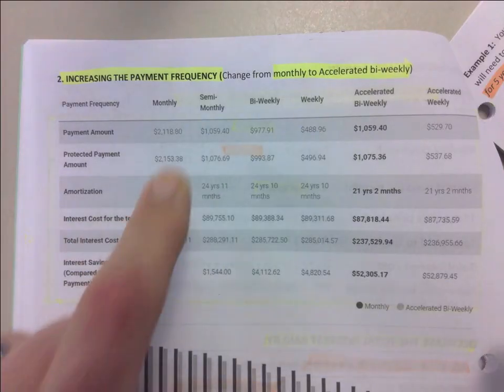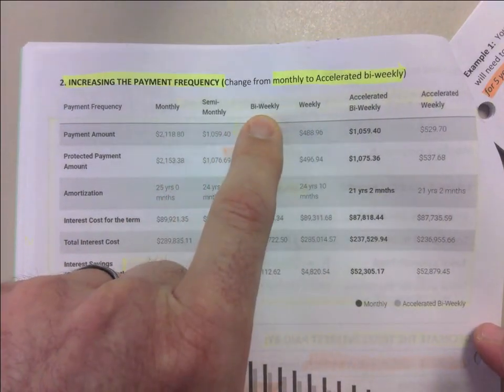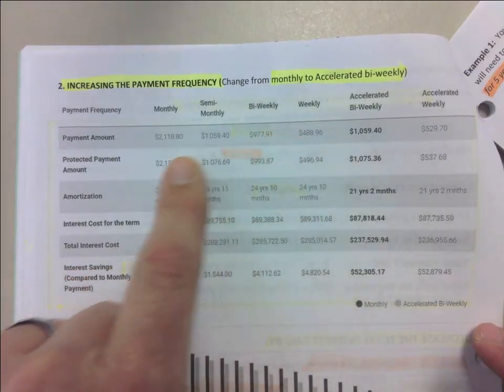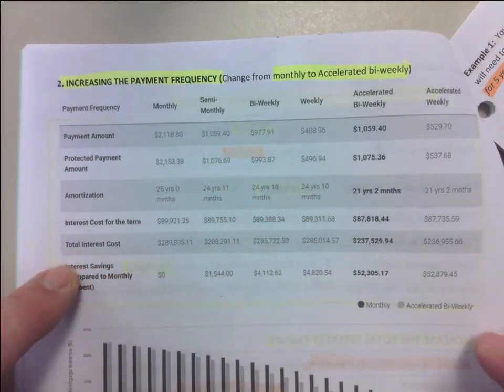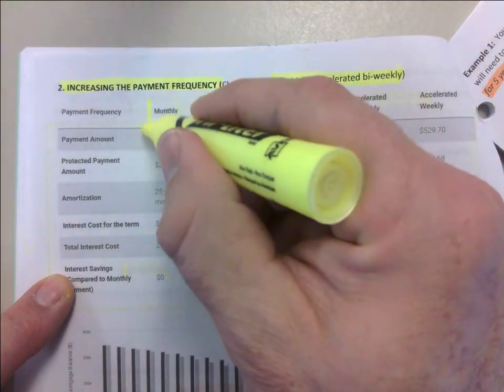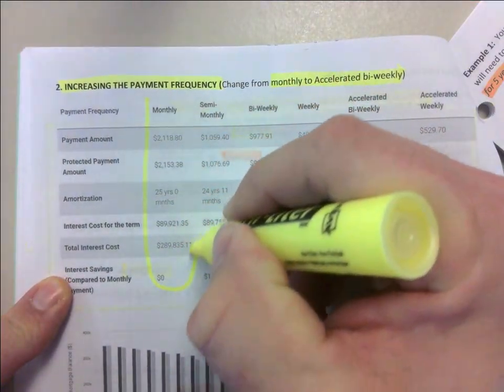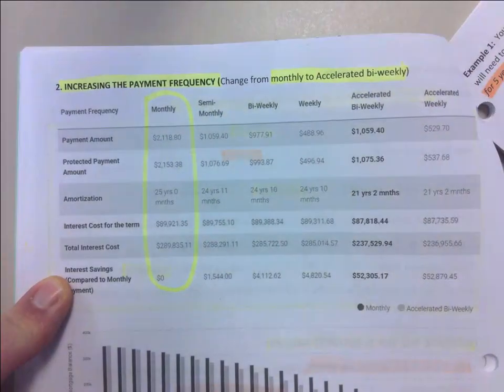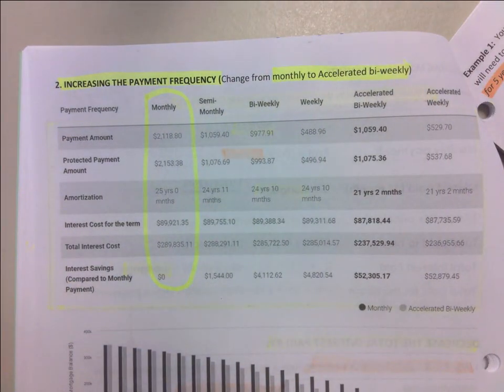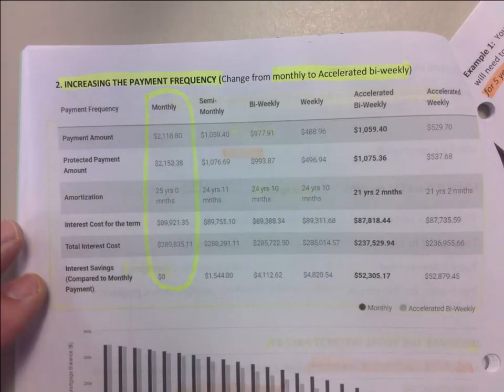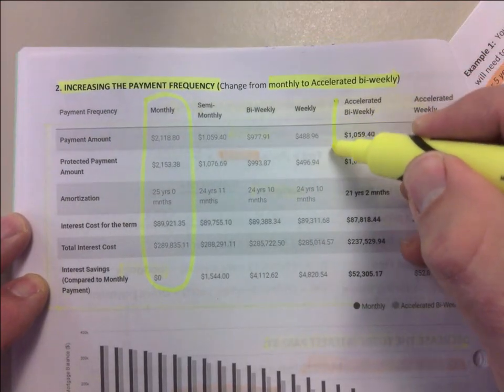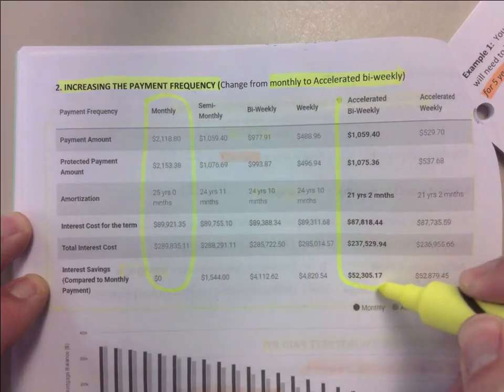And it has semi-monthly, bi-weekly, weekly. It has them all listed here. But for this purpose, I'm going to ask you to just look at the original monthly payment column. Okay? And then I want you to compare that to accelerated bi-weekly.